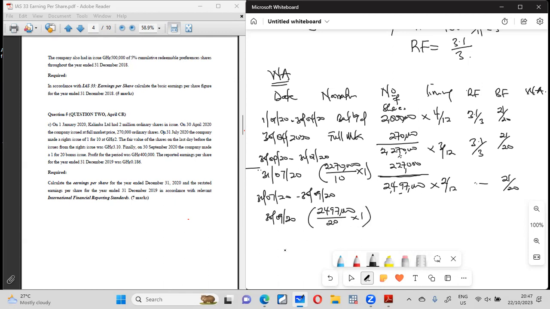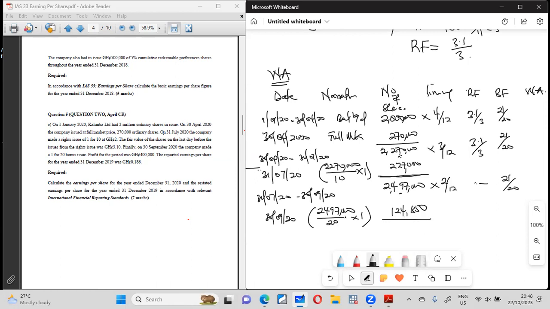So have you seen how different it is when the question is A, B, C, D, like distinct? All right. So this one, how much will we get? This by 20. Yes. How much? 124,850.